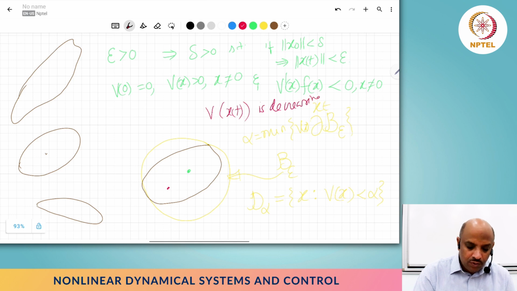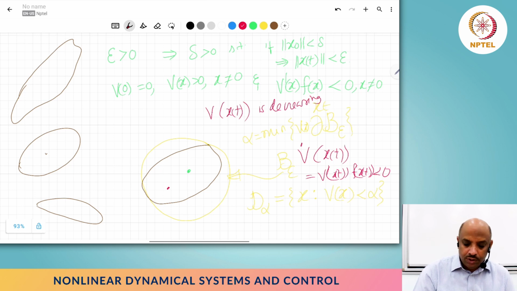How do I know that? Because we know that v dot of x of t, as a time derivative, as a function of x, is nothing but v prime of x of t times f of x of t, which is less than or equal to 0. So v of x of t is going to be decreasing, right?